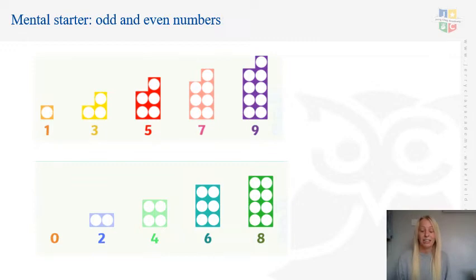So any digits that end in 1, 3, 5, 7 or 9, like 37, 49, even 1009, because it ends in a 9, it will be an odd number. Same with our even numbers. Any number that ends in a 0, 2, 4, 6 or an 8 in the ones column will be an even number.